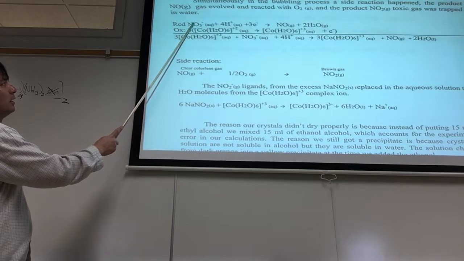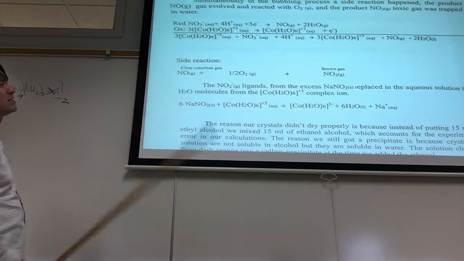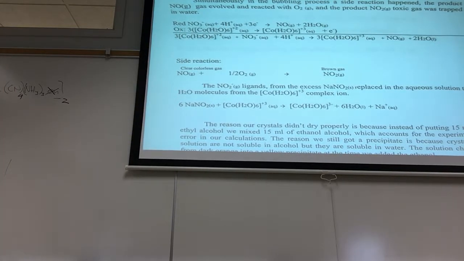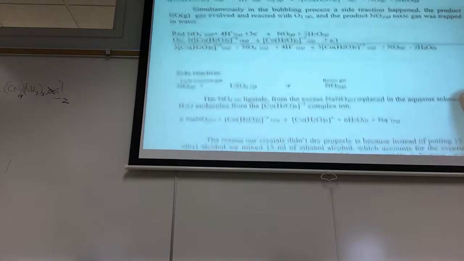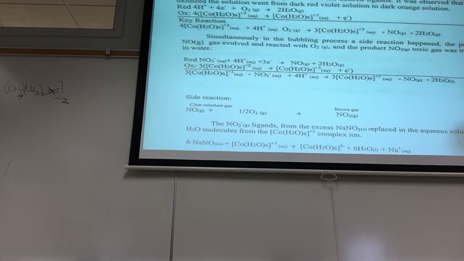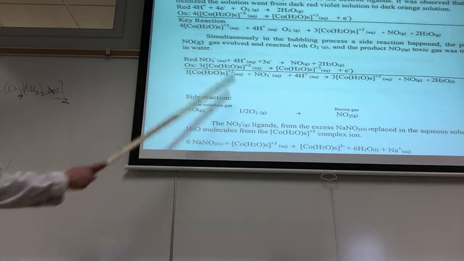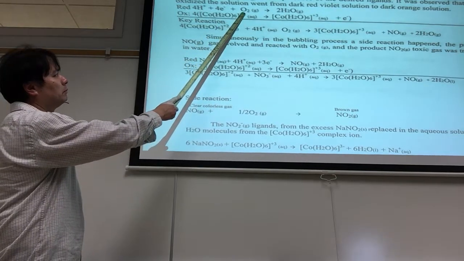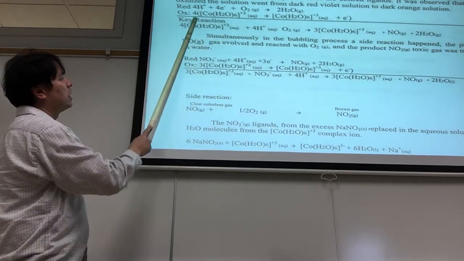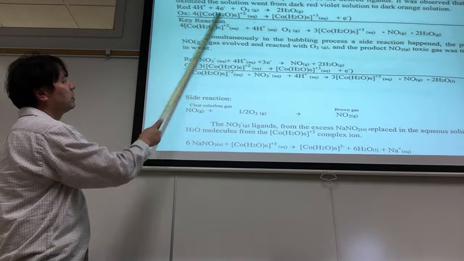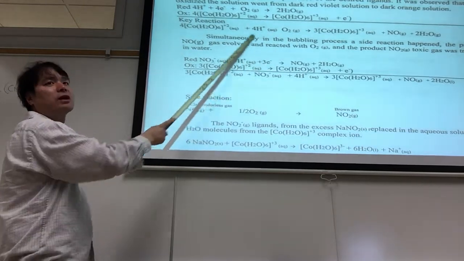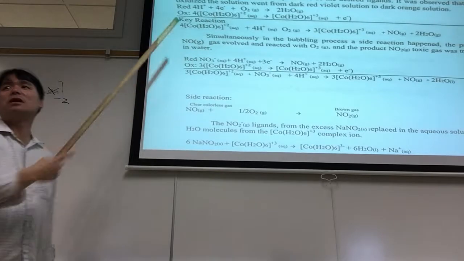Where we can see that nitrate and H+, actually this is a side reaction here. The main redox reaction is here. This one does have a side reaction. The main oxidizer is O2. And so the O2 is going to oxidize the cobalt from 3+ to 2+. And here's the net reaction here. So you could talk about that.